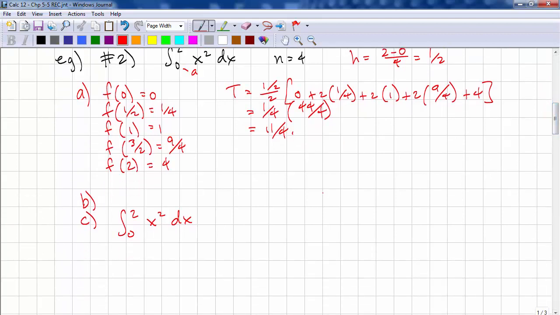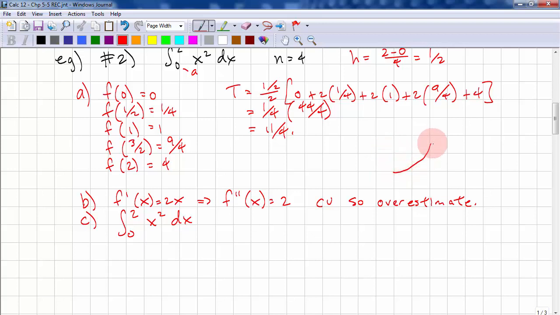Okay, part B says, determine whether it's an overestimate or an underestimate. So we take the first derivative. We take the second derivative. This is concave up, so it's an overestimate. And we'll exaggerate this.